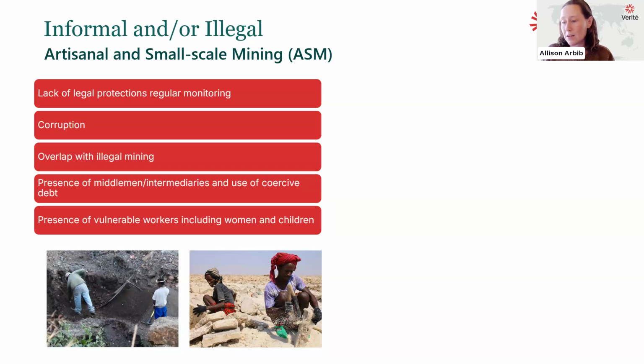There's typically, not always, a lack of regular monitoring. It often happens in areas where there's weak governmental oversight. And so we see high rates of occupational illness and injury. There's rarely PPE provided or benefits to workers. When accidents do occur, there's almost no mechanism for compensation.